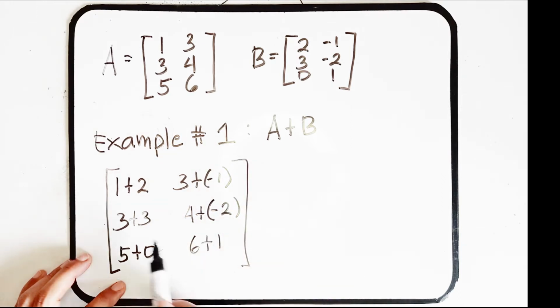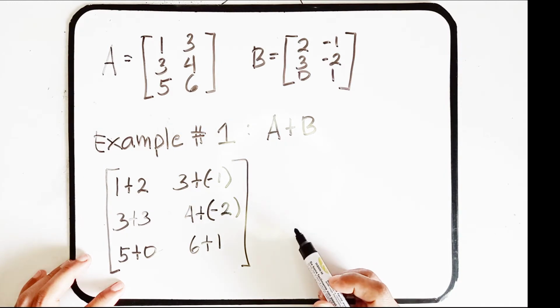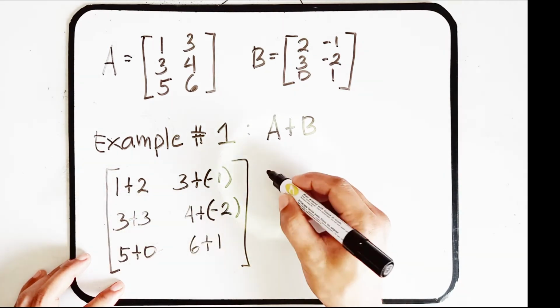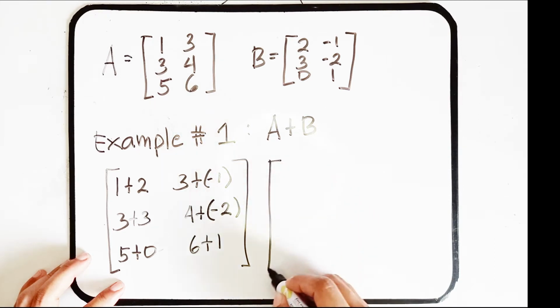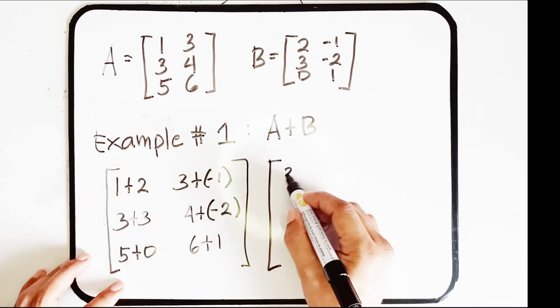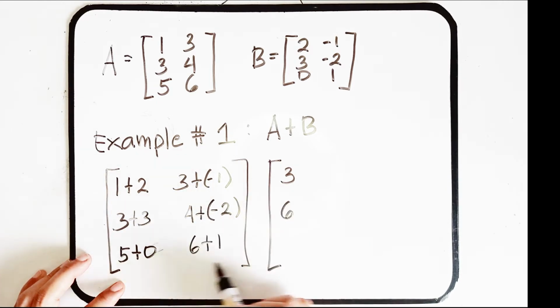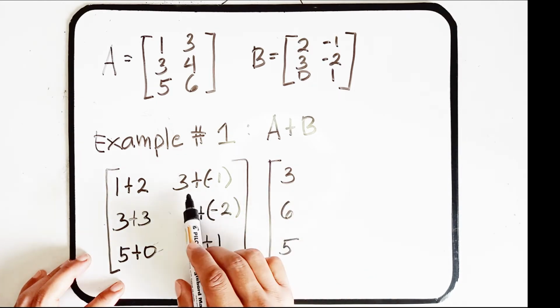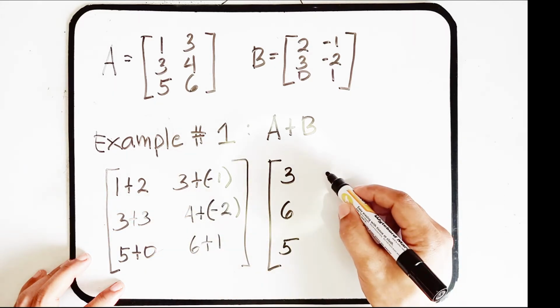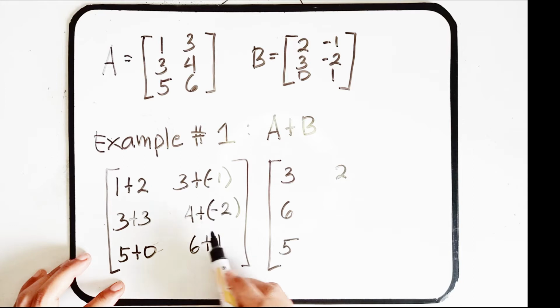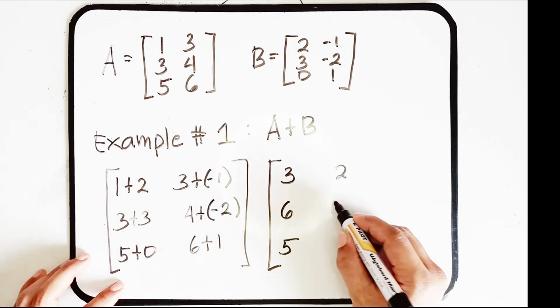Okay, so this is how we will add matrix A to matrix B. Then let's perform and simplify this operation. So 1 plus 2, that is 3. 3 plus 3, that is 6. 5. And then this is negative 2, and this is positive 2.